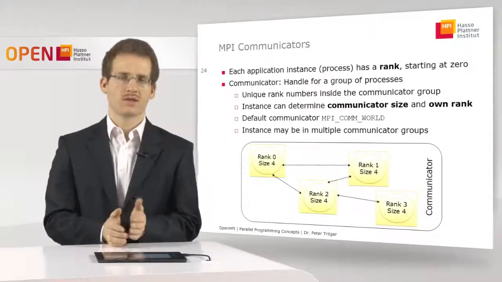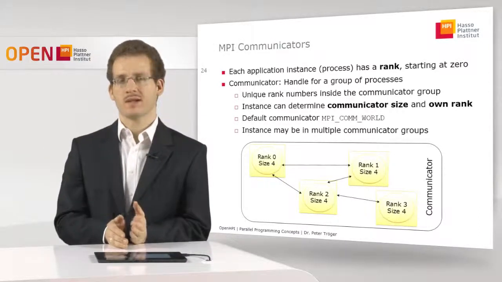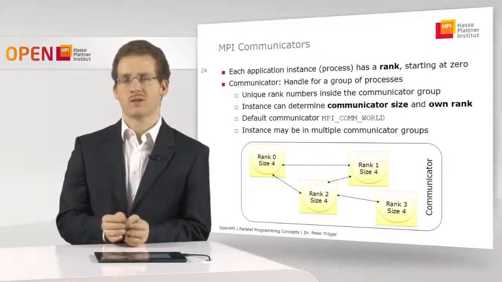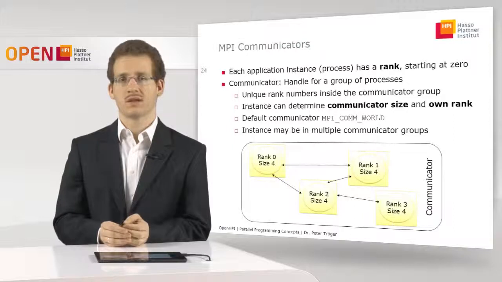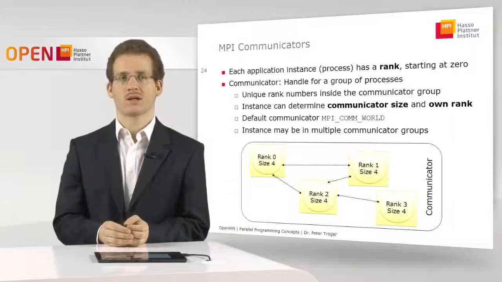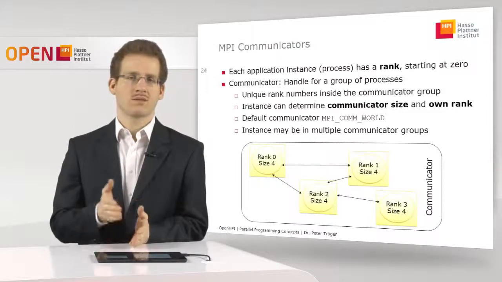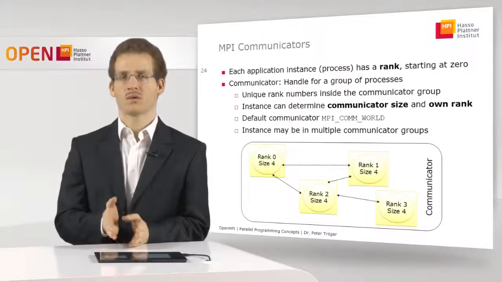Let's look into the details of how MPI works in practice. In MPI, each application instance, which is also called an MPI process, has a rank. The rank is a unique number inside a group of processes, and this group is called a communicator. Communicators are defined by default when you start up your application. There you have something that is called the world communicator.